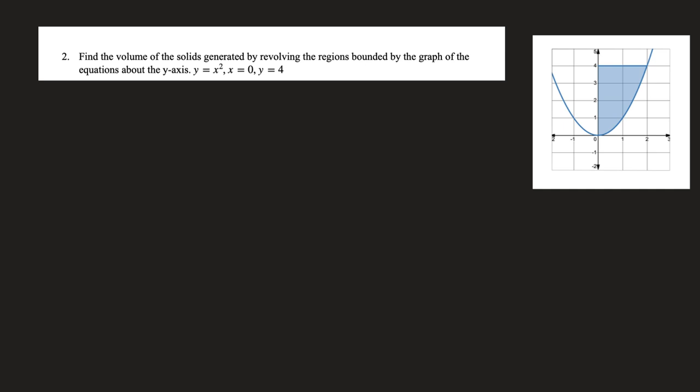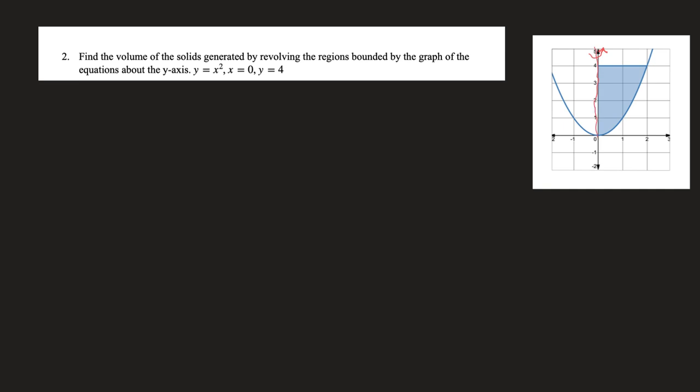Let's practice finding the volume using a vertical axis, okay? Find the volume of the solid generated by revolving the region bounded by the graph of the equation about the y-axis. Guys, keep in mind this time it is the y-axis. You're going to sketch the rectangle perpendicular.